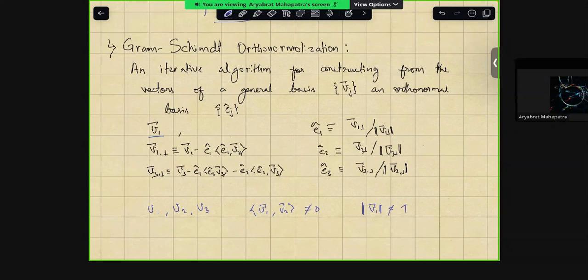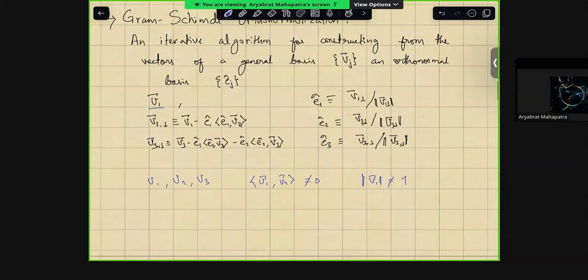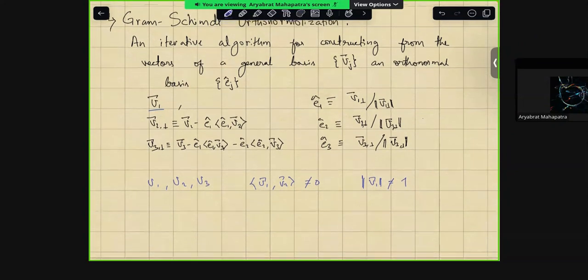So for such conditions, let's say you have a v1 vector and a v2 vector.